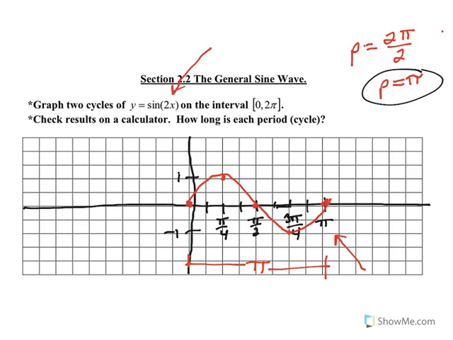They did technically say do 2 cycles, so let's graph a second cycle. Let's go backwards. 1, 2, 3, 4, 5, 6, 7, 8. And we'll continue the pattern of our sine wave.